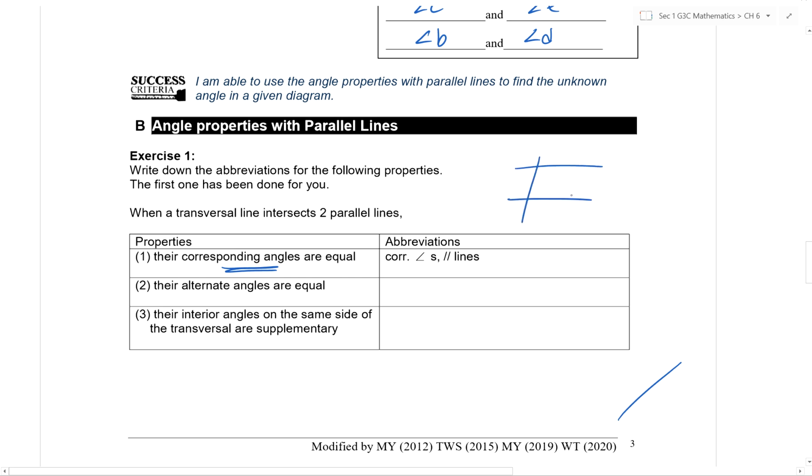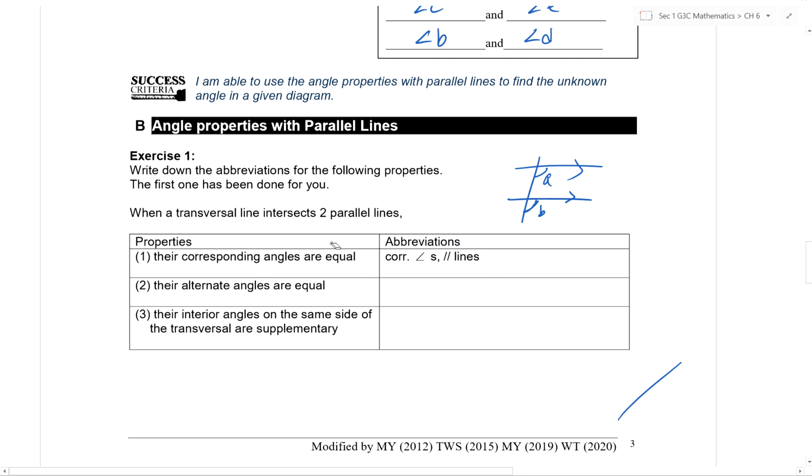So looking like this, looking out for the letter F, these two angles, A and B, they are equal to each other. So whenever we use this property, we'll be writing this as our reason, CORR for corresponding angles, with a comma. Then we state after the comma that there is a pair of parallel lines.